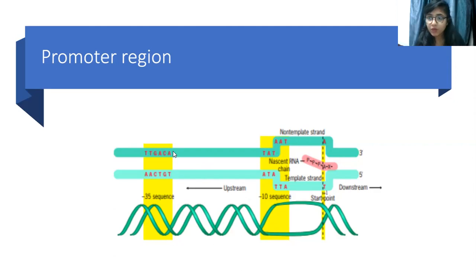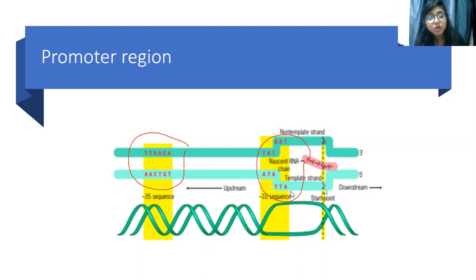In case of prokaryotes, there are two important consensus sequences which are called the -35 consensus sequence and the -10 consensus sequence. Their names are given based on where they are located. The -35 consensus sequence is upstream to the start point of the transcription, at -35.